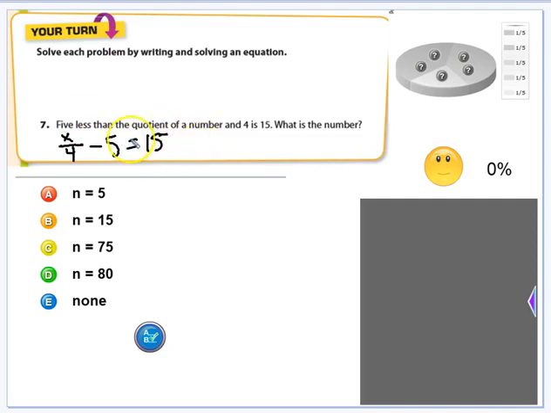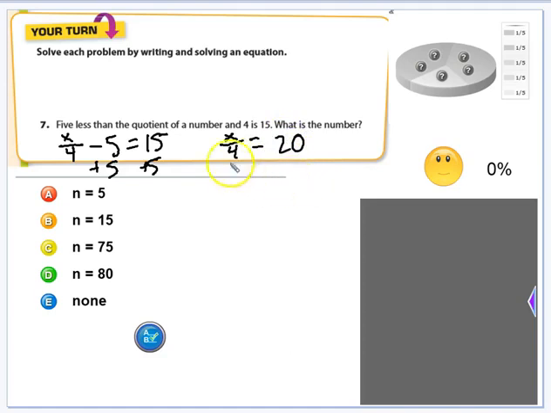All right? So my variable is in division with 4. So I have to get rid of this constant. I need this alone. So since it is subtraction, I must add 5 to both sides. So I get x divided by 4 equals 20.